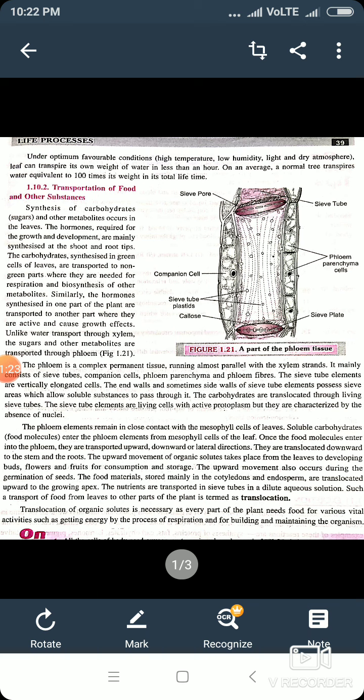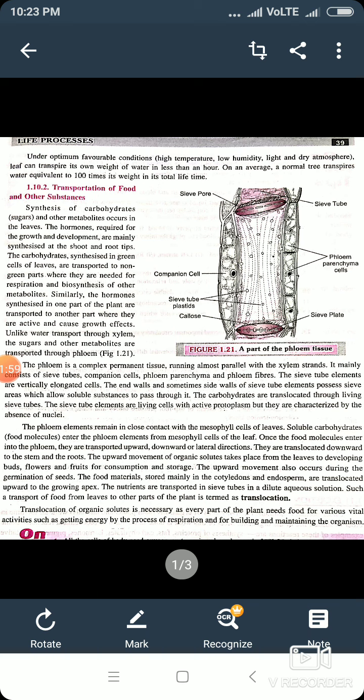The carbohydrates synthesized in green cells of leaves are transported to non-green parts where they are needed for respiration and biosynthesis of other metabolites. Similarly, the hormones synthesized in one part of the plant are transported to another part where they are active and cause growth effects.